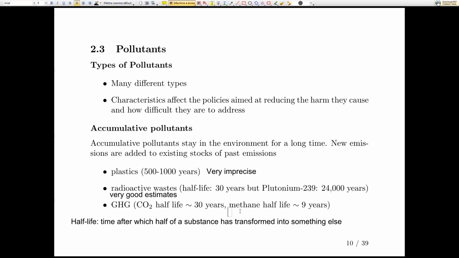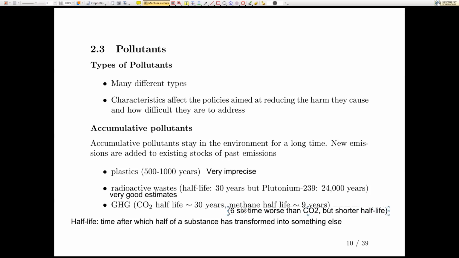Methane is about 6 times worse, but it has a shorter life, a shorter half-life. So who knows what's best or what's worse.